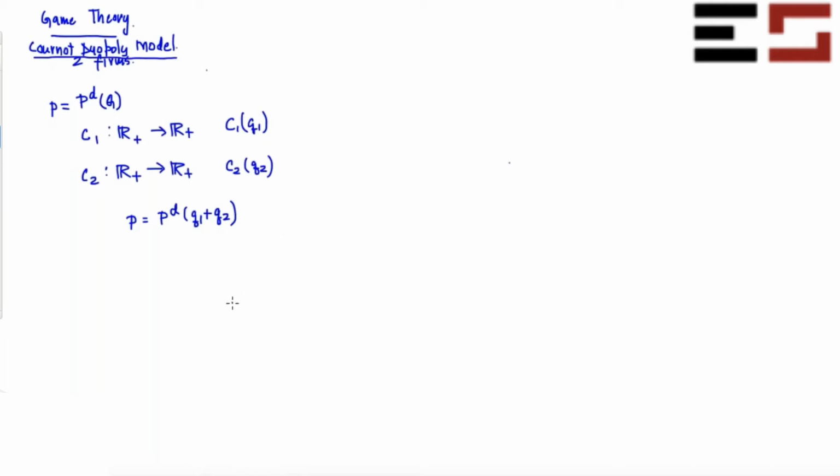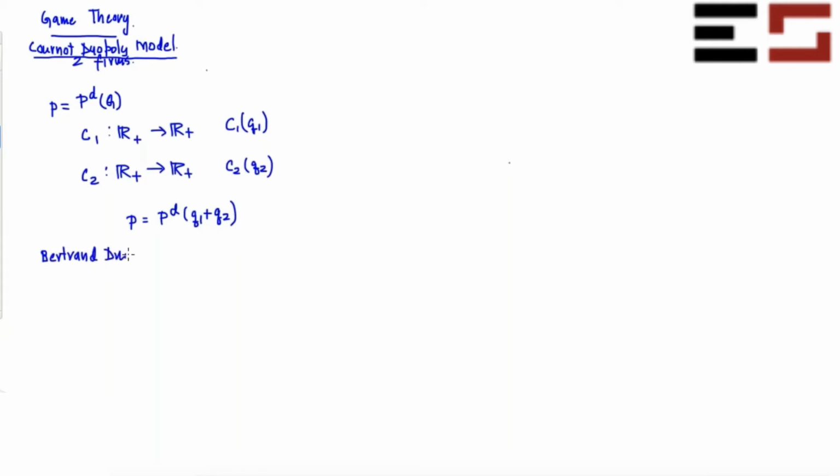Is that clear? There are other situations too. For example, you can have another kind of model where the firms are not competing in quantities but in prices. That's basically the Bertrand duopoly model.